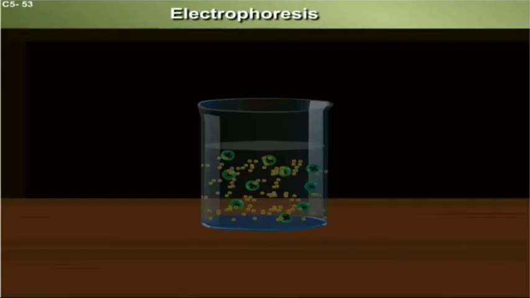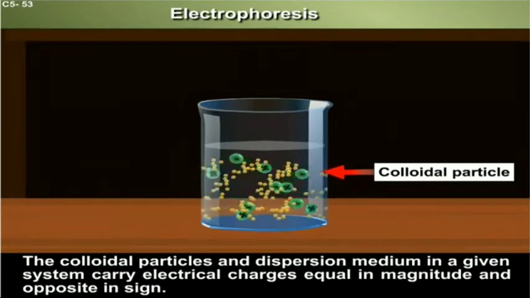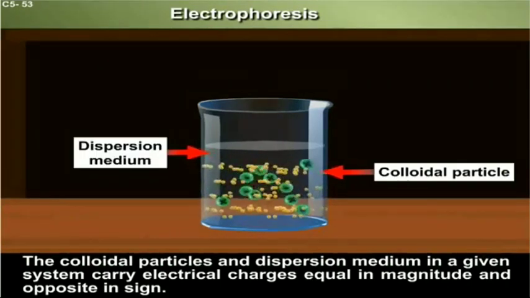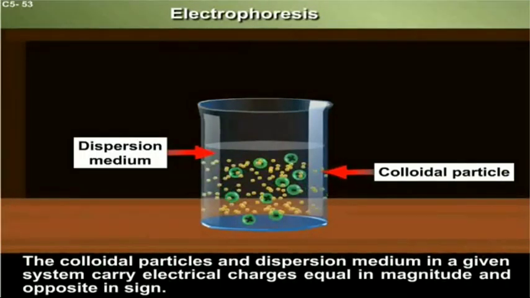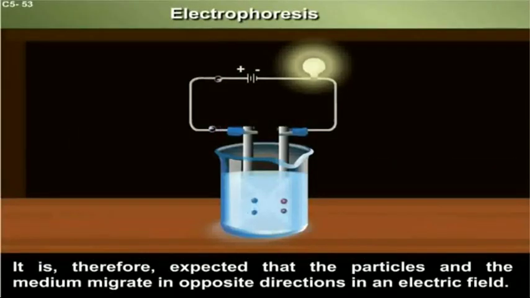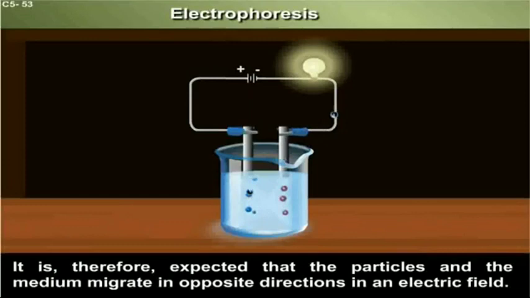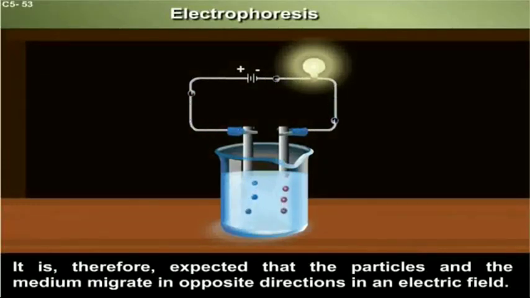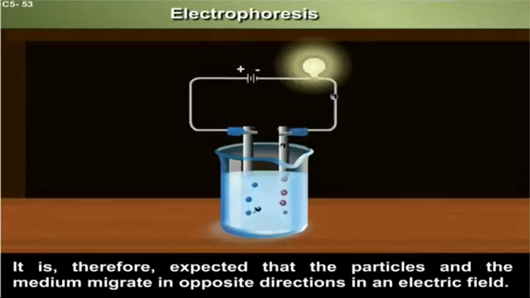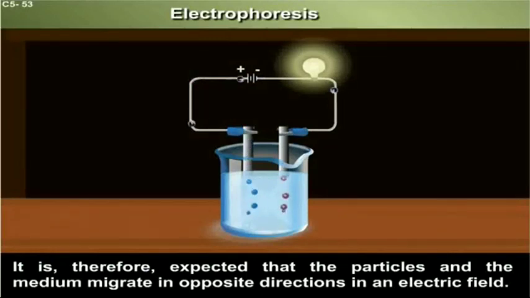Electrophoresis. The colloidal particles and dispersion medium in a given system carry electrical charges equal in magnitude and opposite in sign. It is, therefore, expected that the particles and the medium migrate in opposite directions in an electric field.